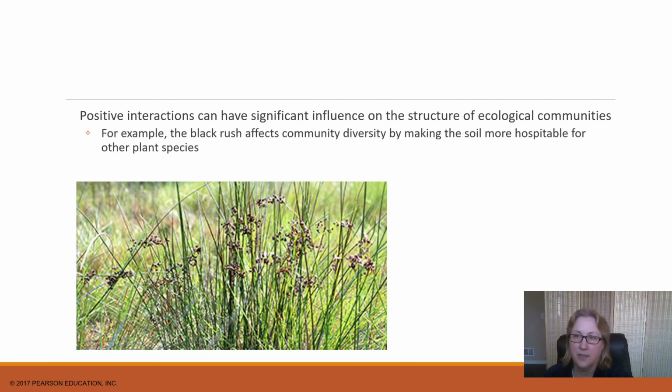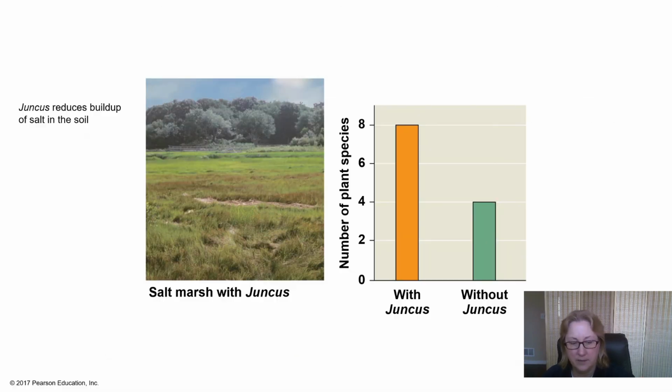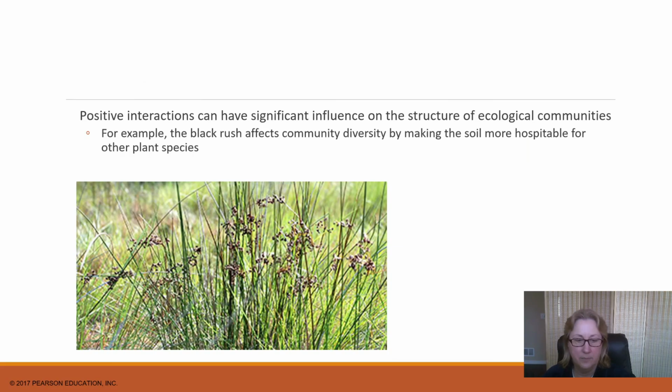We can also see this with plants. So here's an example. This is a type of marsh plant that benefits the other plants when it's present. So that would be a mutualistic relationship. So this is a marsh plant called a black rush that's on the east coast of the United States.